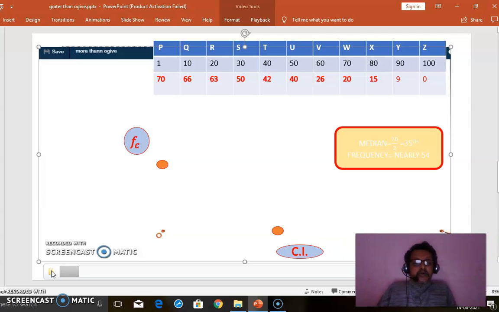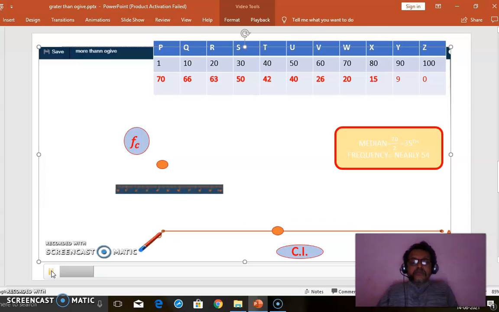Draw a line like this. Then make each point. Draw the y-axis.